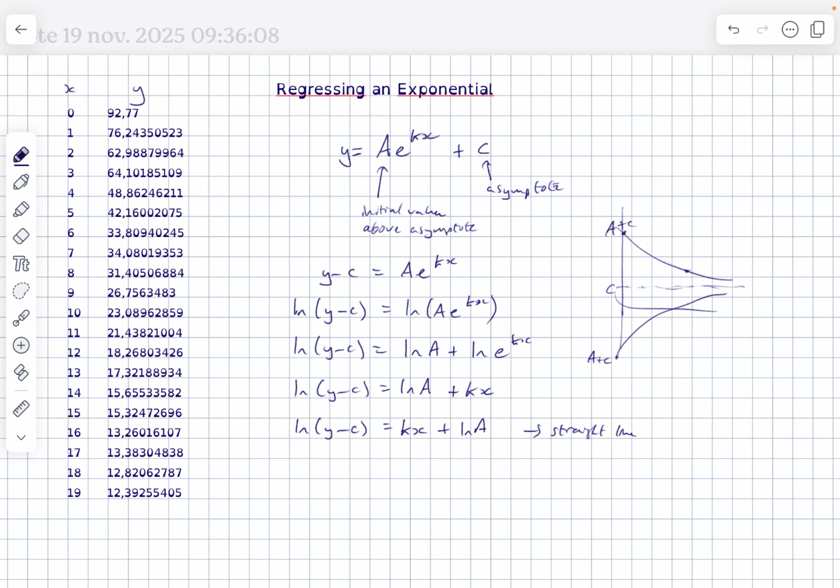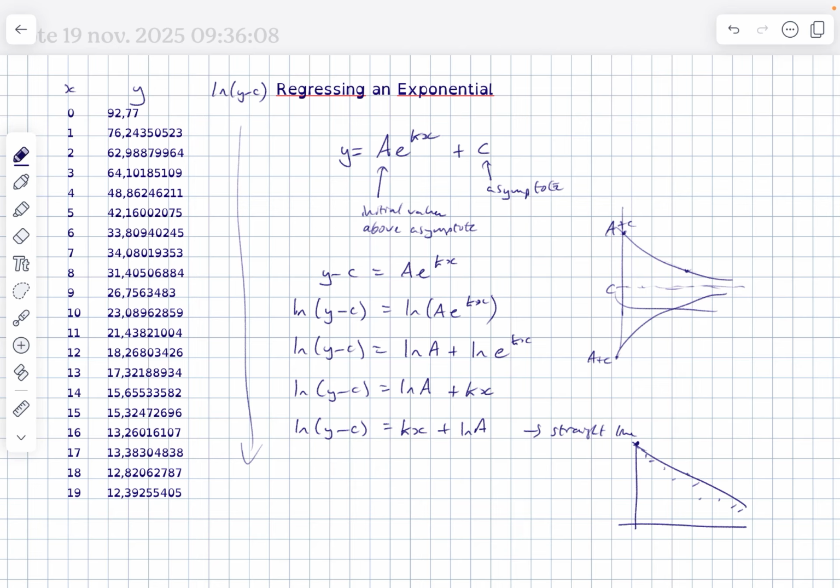So what I need to do is work out what log of y subtract c is. So take these values and do a column that's log of y subtract c. And when I get all those values, that should give me a straight line. I'm going to do the x's against those values. It won't be exactly a straight line, so it might wobble around a bit, but I'll get a straight line.